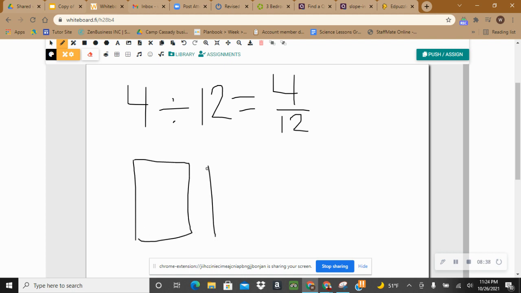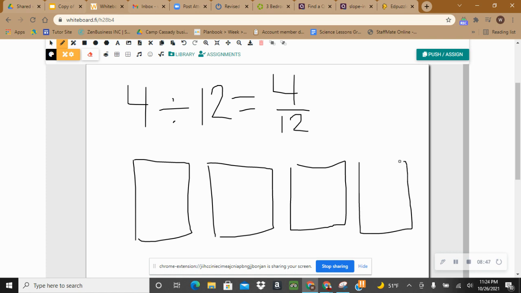there's 4 boxes, and then I could break the box up into 12 pieces.